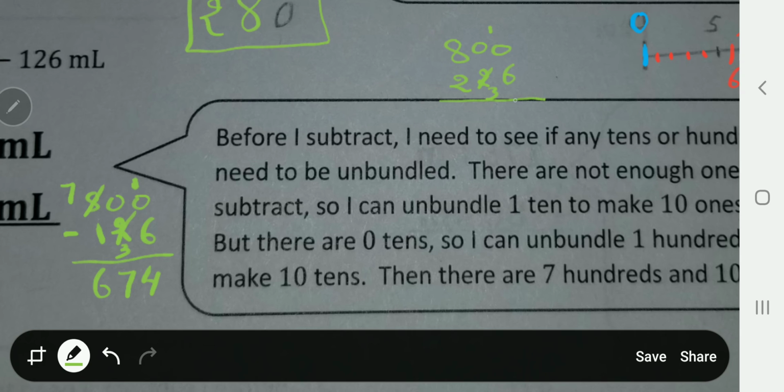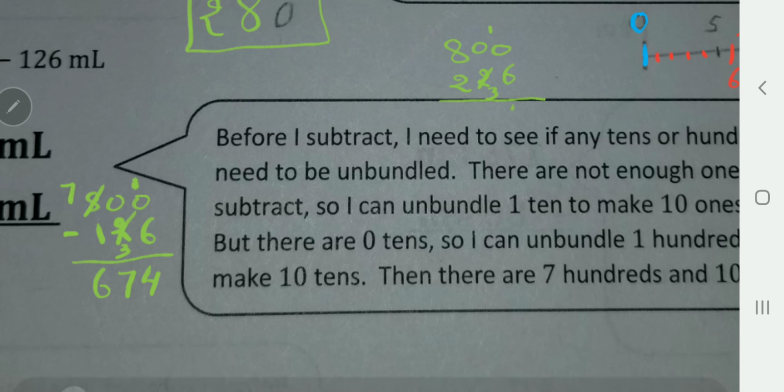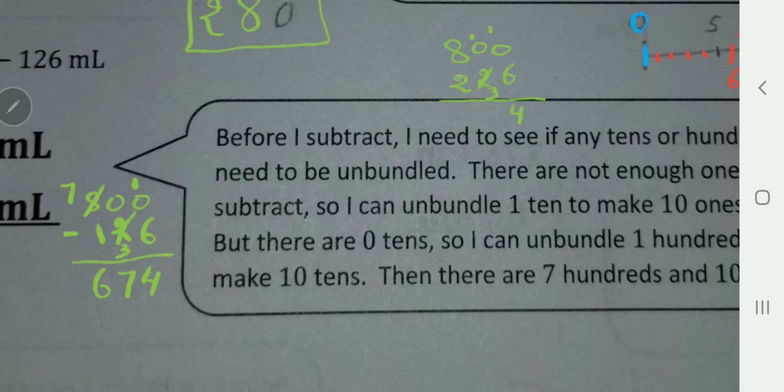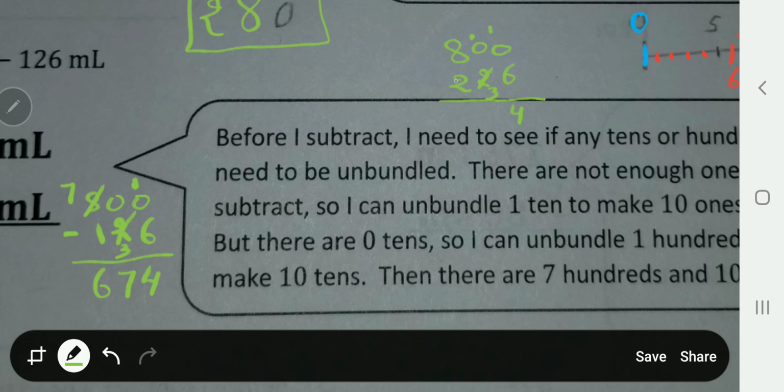Let me go back here, and then I'll do the other way. So I keep 4 here because I didn't change anything. 10 minus 6 is 4. And then I borrowed another 1 from here. And in here, I didn't take it out from the 8. I actually added to the 1, and it becomes 2.